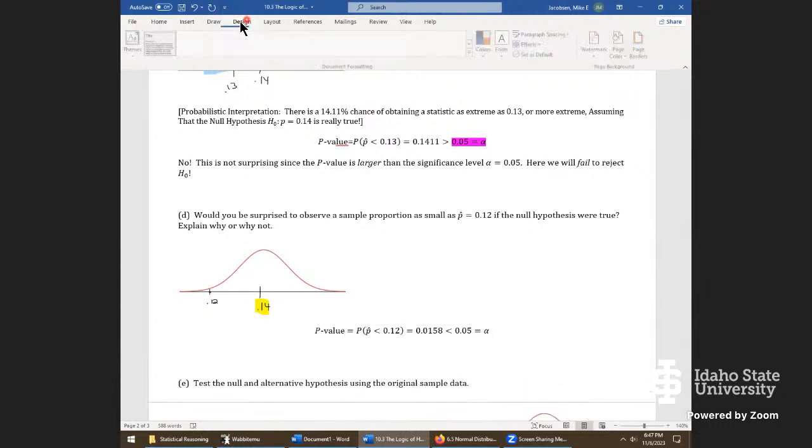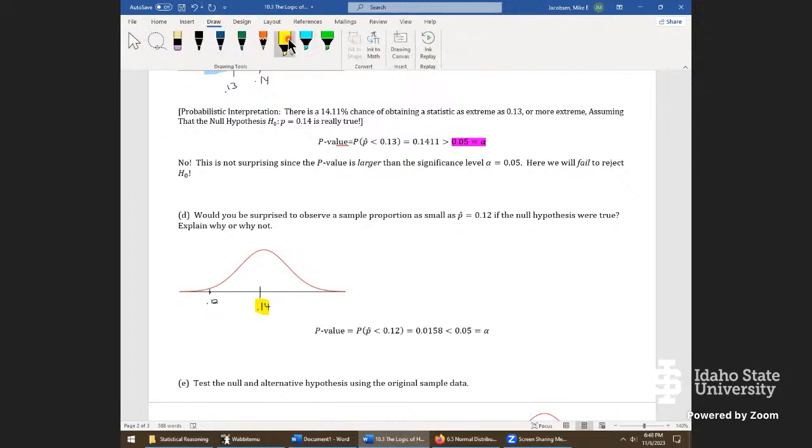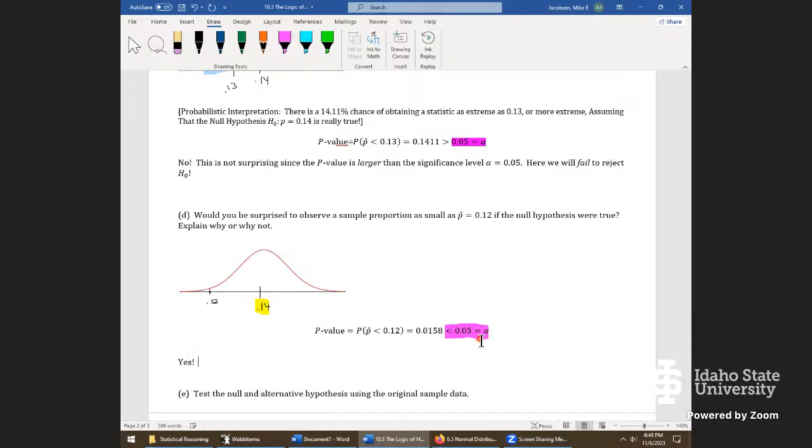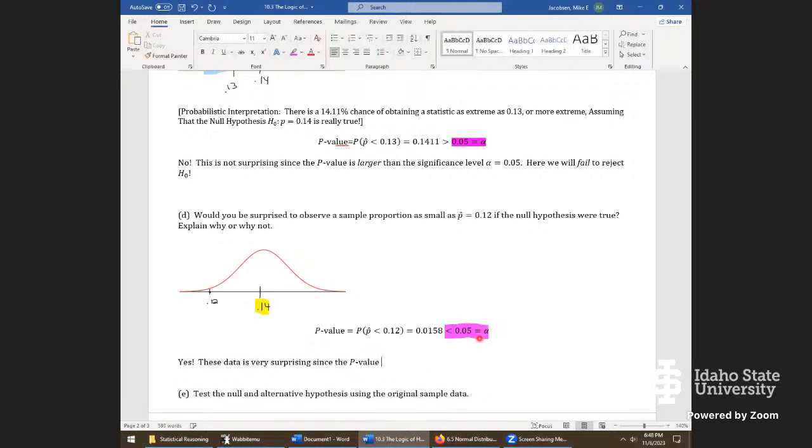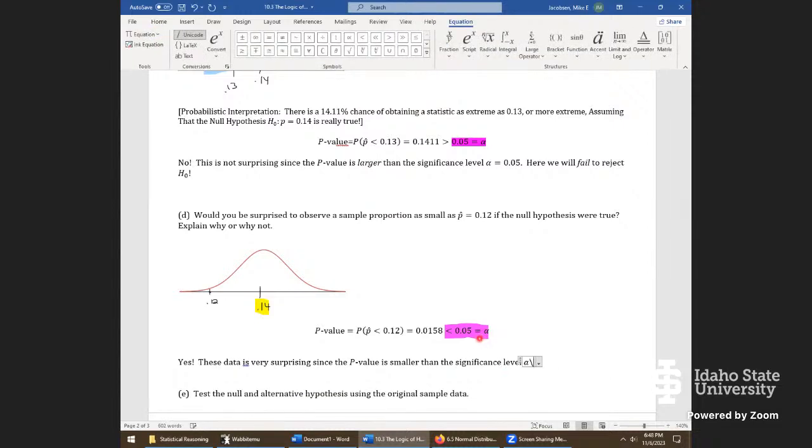So because of this directionality right here, we found a p-value less than 0.05, which is alpha. We can say, yes, this data is very surprising since the p-value is smaller than the significance level alpha.